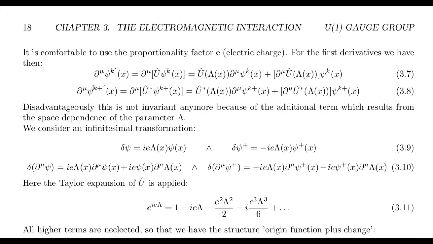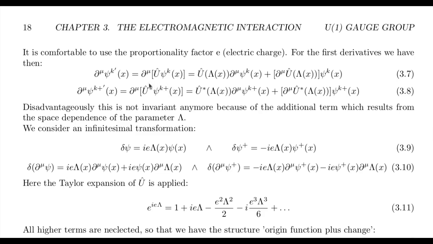And now we have for the derivatives of the wave functions the following. This is the transformed one, and we get it by applying the unitary operator to the original function.